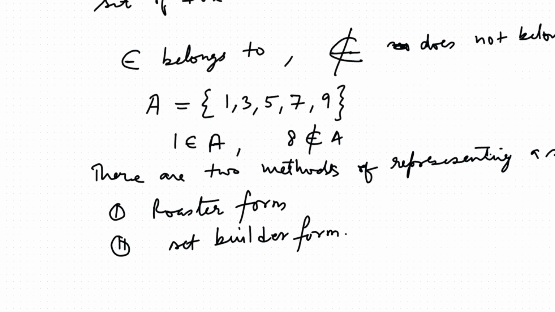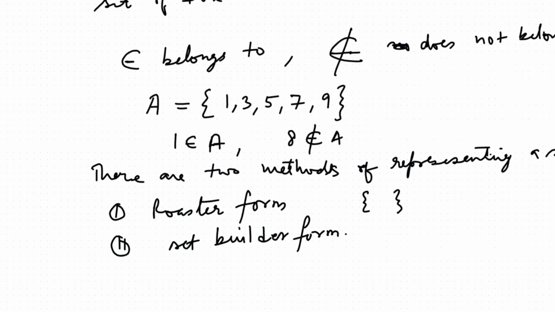In roster form, all elements are listed in a tabular form, and they are put up within the braces like this. So how will we write it in roster form?